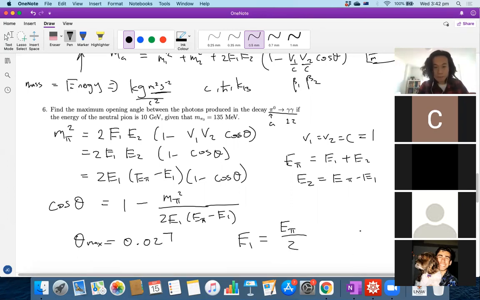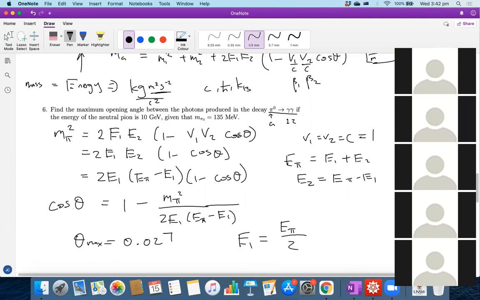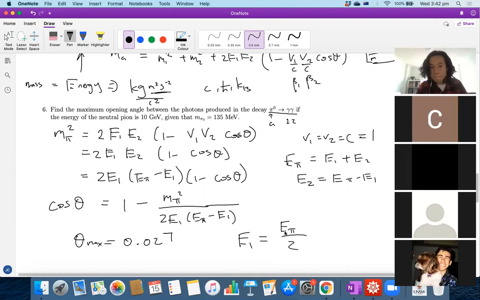Yep, any questions? So you maximized cos theta. Yep. But doesn't that mean that you found the minimum angle, because for larger values of theta, cos theta gets smaller?